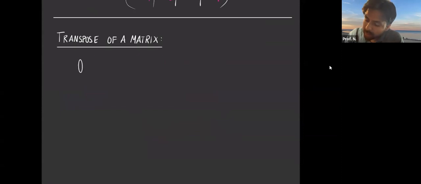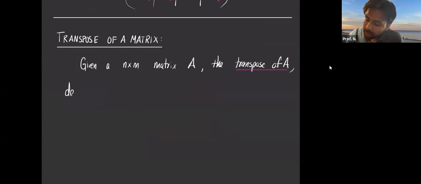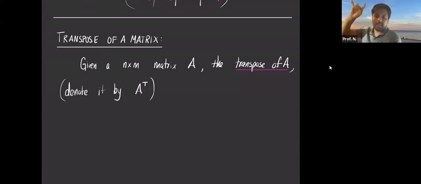Given an n by m matrix A, the transpose of A, so this is my transpose, we denote it by A with the T as a superscript.